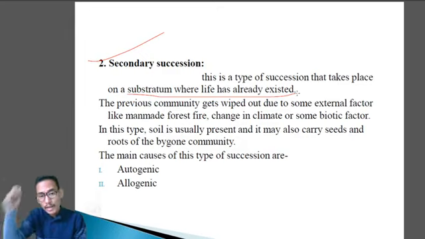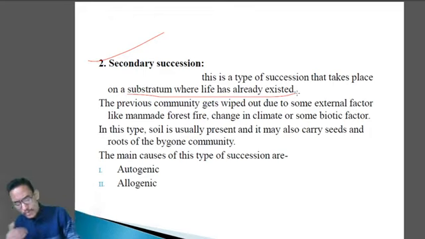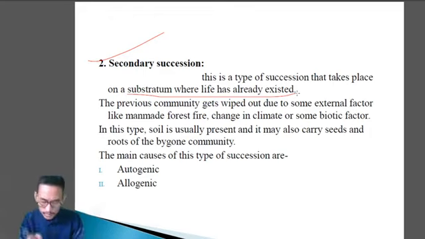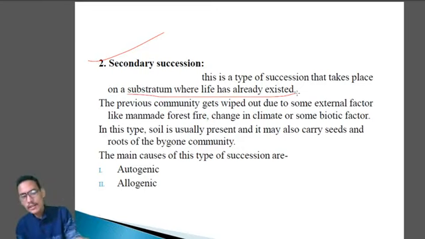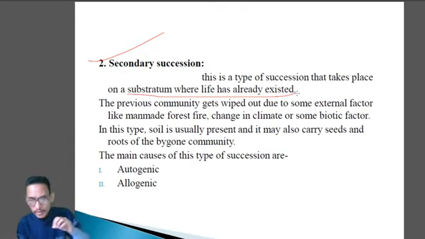Those organic matter and soils present in that substratum will favor the growth of plants and animals very rapidly. So secondary succession occurs much more rapidly as compared to primary succession. Clear? This will be the answer. If the question comes, which succession occurs much more easily and rapidly, the answer will be secondary succession, because the bygone community has left the soil and the organic matter, which will support the existence of life.